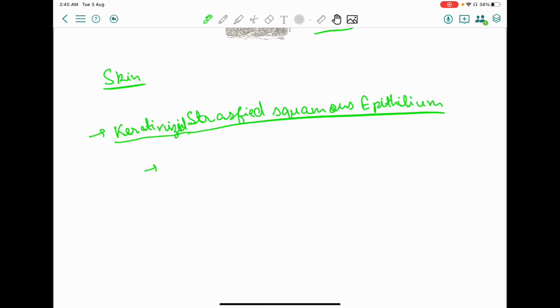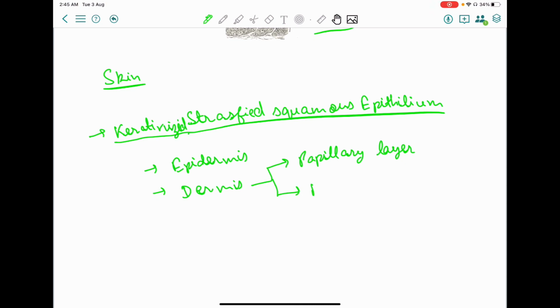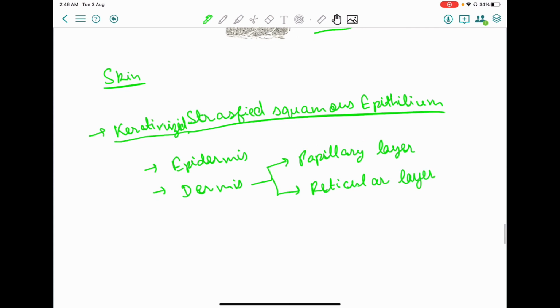And then there is the epidermis, and then there is the dermis layer. Epidermis and dermis, we all know about the skin layers, and the dermis has two parts: the papillary layer and the reticular layer.